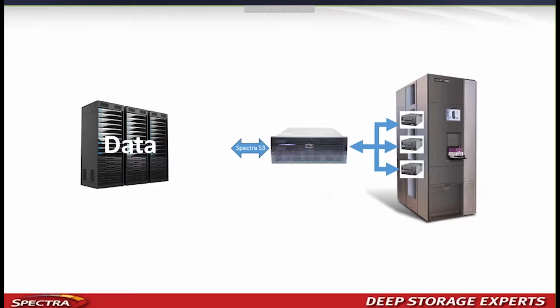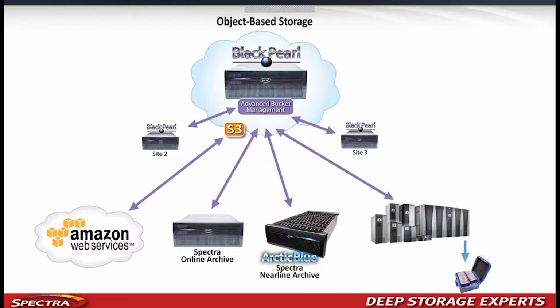So instead of having this big complex software package, we can now create something that has a much lower barrier, a smaller software client, much easier to integrate with. People that previously couldn't talk to a tape library due to the complexity now can talk to Spectra S3, greatly reducing their barrier to get things into our deep storage. So it really simplified it for our customers, for our partners, and really expanded our ecosystem.